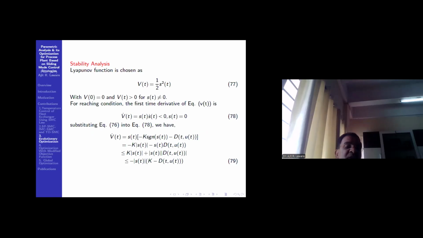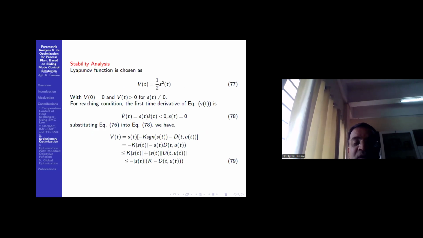So stability analysis of FOSMC, that is first order SMC. For this, the Lyapunov direct candidate function has been chosen as V of t equal to 1 by 2 s square t. And if you take the first time derivative of that, then we get S of t into S dot t. And here you will have to put equation 76 in for the S dot t term.